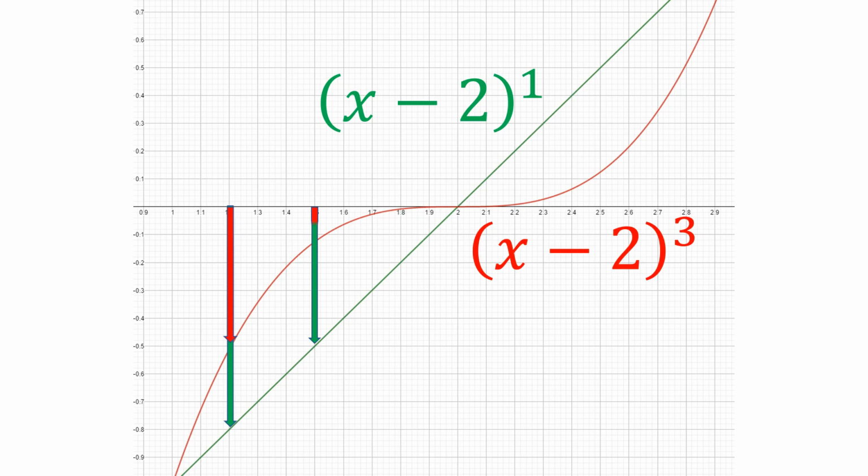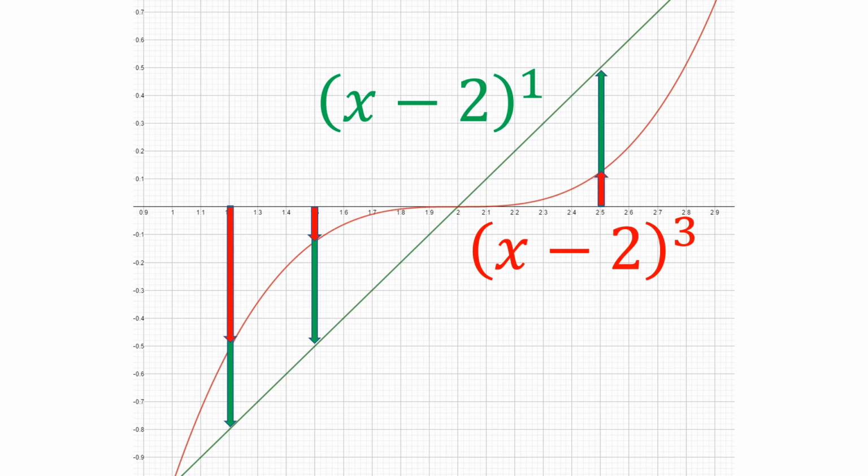Let's do this one more time. Take a look. When you do this again, you see that for the red curve, it clearly is closer to the x-axis. On this side, where the arrows are shown, it's less negative, correct? Let's also do this one more time on the right side. On the right side, as you can see, that would be the value of x minus 2 to the first, but the red arrow is the value of x minus 2 cubed.